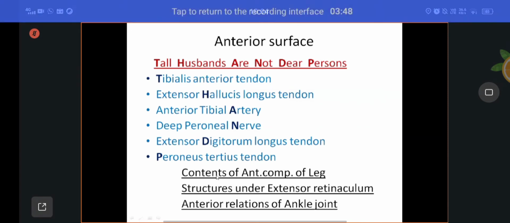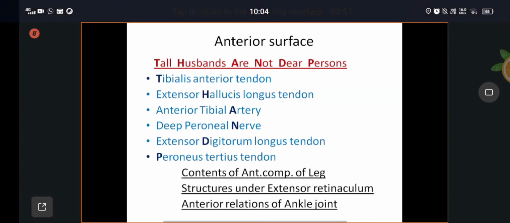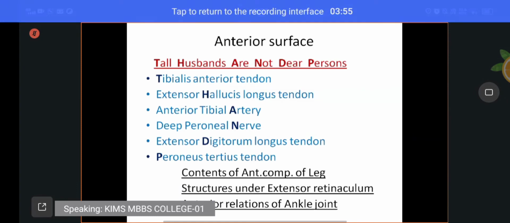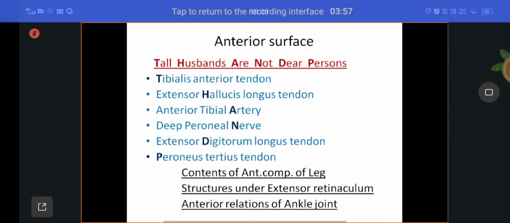Anterior surface, all these structures, the last 3 things I have underlined, these are very, very important.